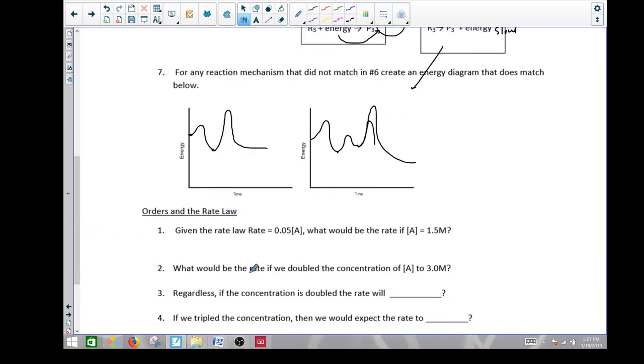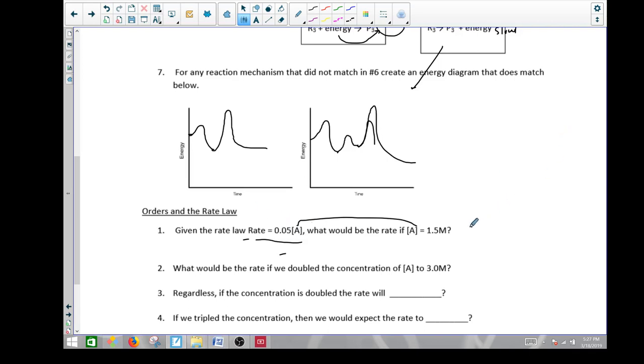Orders and rate law. Okay, so given the rate law, this would be the rate if the concentration of A is 1.5. All we've got to do is plug that concentration in there and solve for the rate. 1.5 times 0.05 equals 0.075.